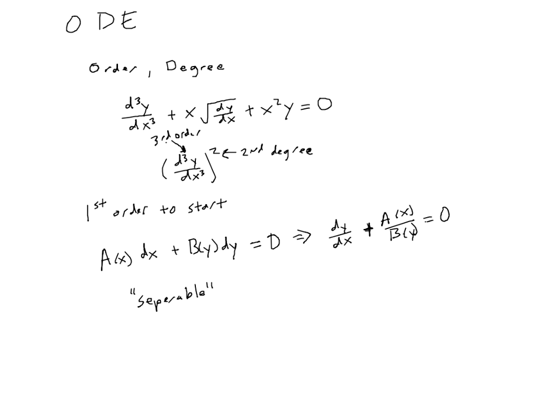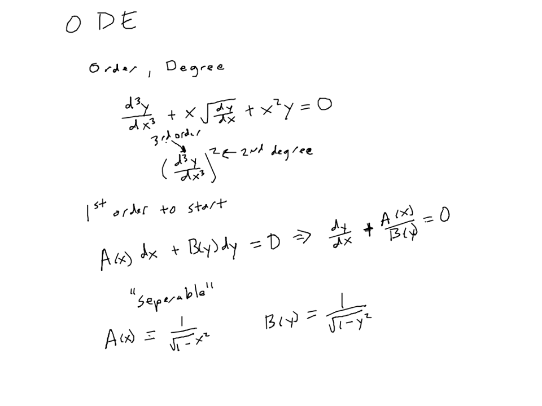And so as the example they give in the book, they might have a of x is equal to 1 over square root of 1 minus x squared, and b of y is equal to 1 over square root of 1 minus y squared.